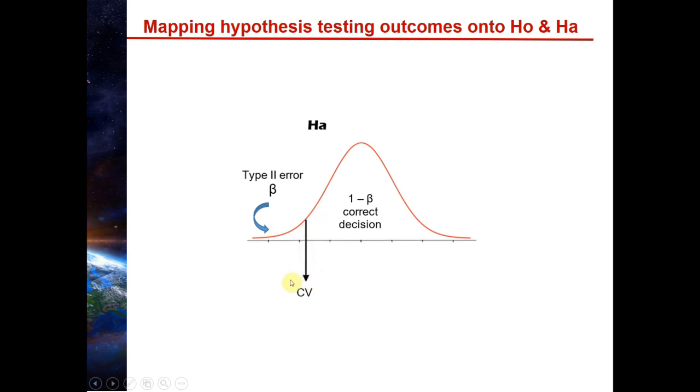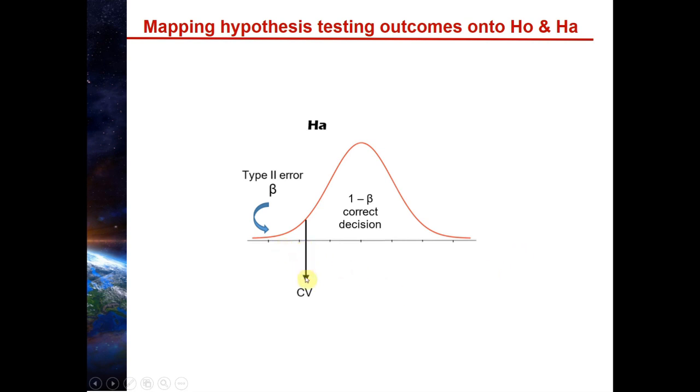If, let's say, your particular TS, the one that you calculated, is not bigger than the critical value, then we know it's going to be somewhere in here, right? It's going to have to be, because just like H0, these values go from negative infinity to positive infinity.